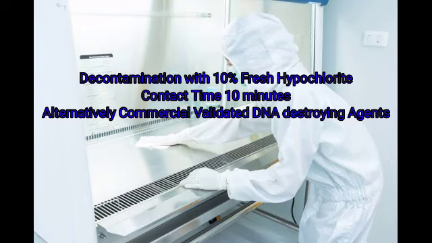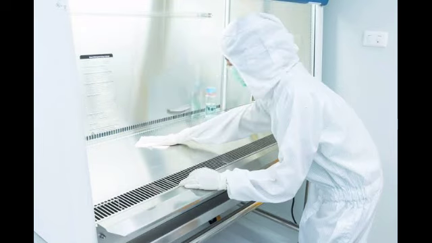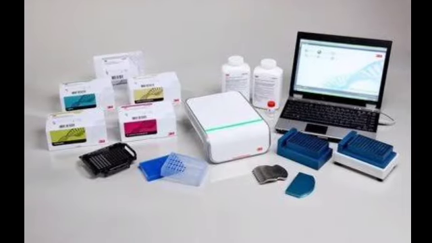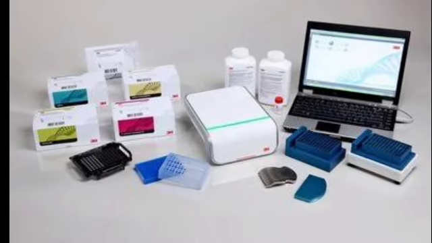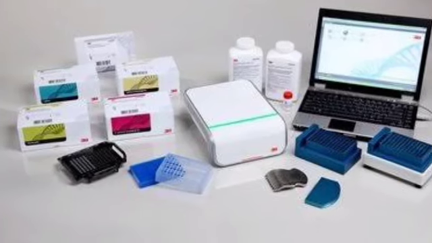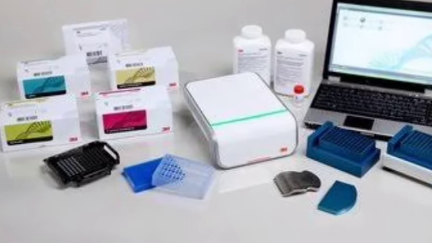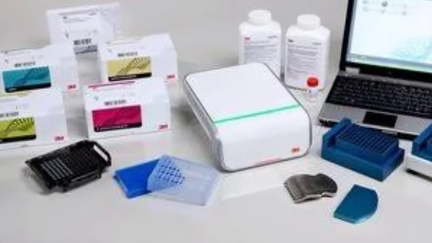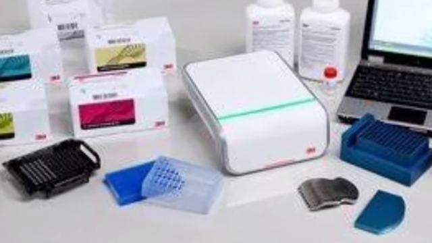Alternatively, commercially available products that are validated as DNA destroying surface decontaminants can be used. If local safety recommendations do not allow the use of sodium hypochlorite, or sodium hypochlorite is not a suitable decontaminant, then the metallic parts of the equipment.